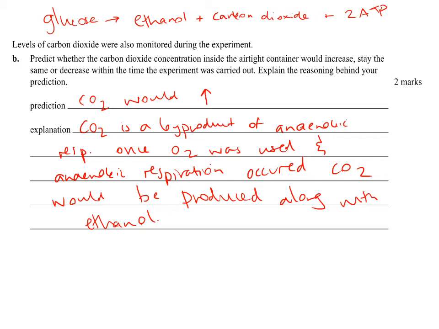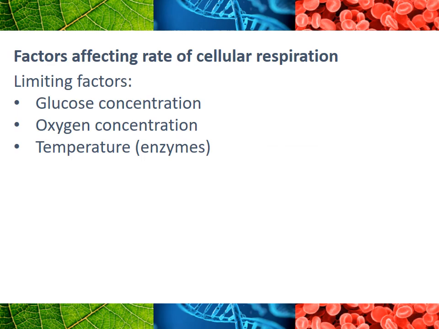Now, with all of the topics we've looked at, things that affect the rate at which these processes occur. Again, these could easily come up in your exam, where they could do a pretend experiment, for example, and then ask you, what could be the impact of doing these things. So they are important. So similar to photosynthesis, we look at the limiting factors, or the factors that affect the rate, I guess, is what you're looking at here.